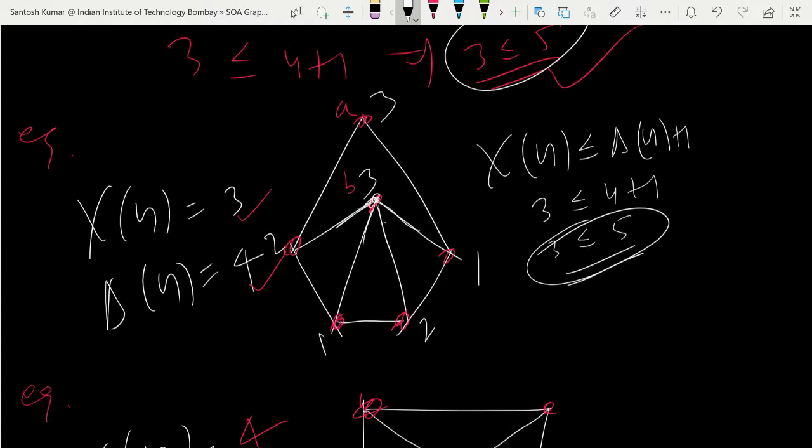Complete graph means every vertex has an edge to every other vertex. And is it an odd cycle? Yes or no?